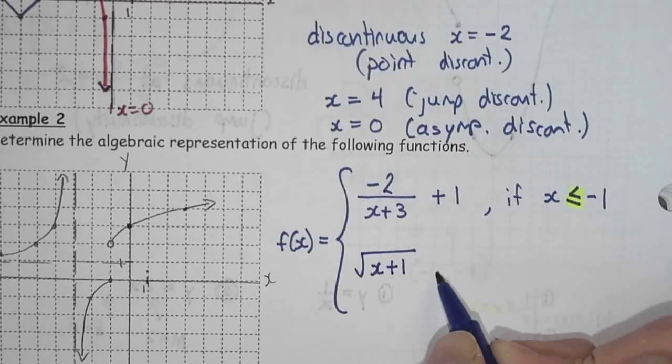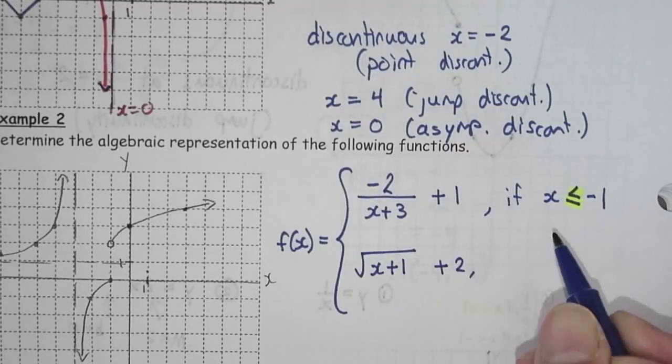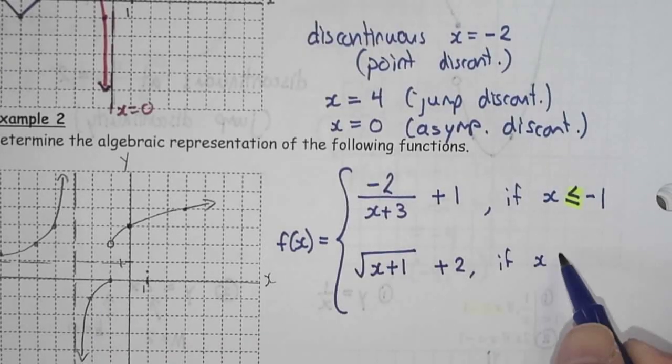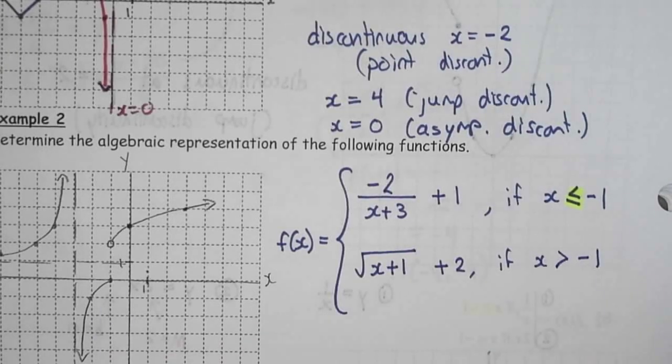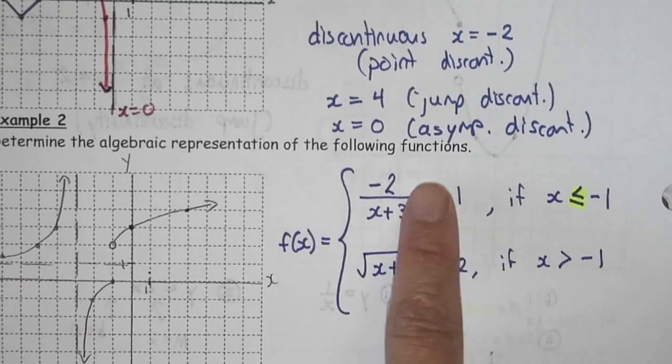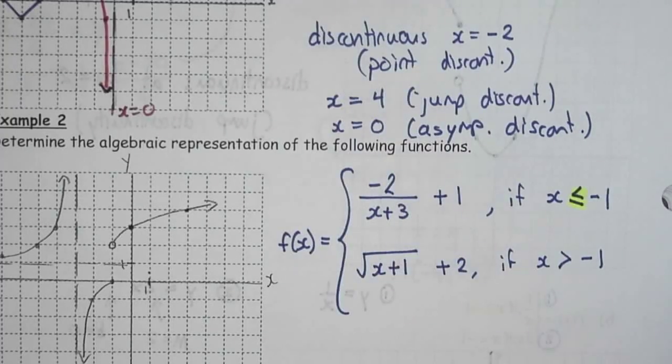So square root of x plus 1, plus 2 on the outside, and this is if x is greater than -1, not equal. There should not be 2 solid dots on top of each other, because there would be something wrong, because it's not a function. And everything we give here, look, it says it's a function. Following function, it's a function.